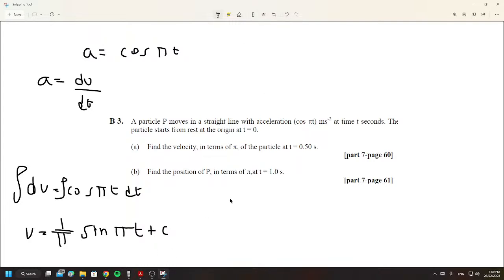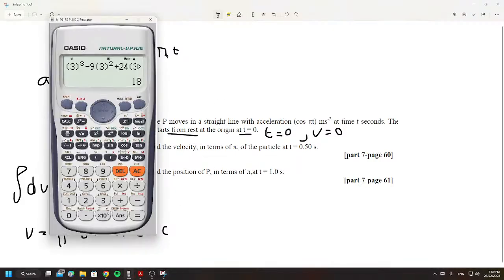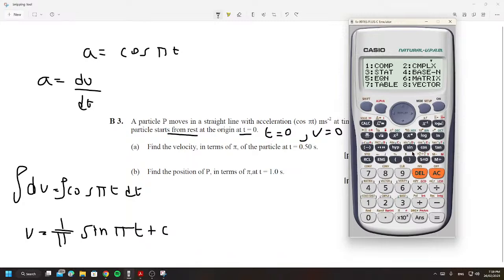Now we need to find c. The particle starts from rest at t equals 0. So when t was equal to 0, let's just write it down here so we have space, v was equal to 0. So now we can use this to find c. Go into our calculator here, and if you see pi, just put it in radians.